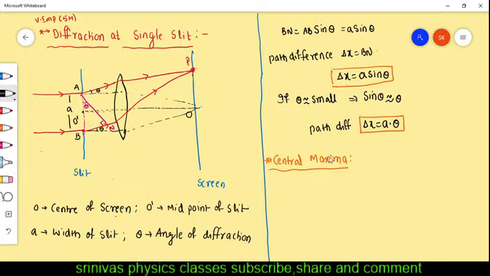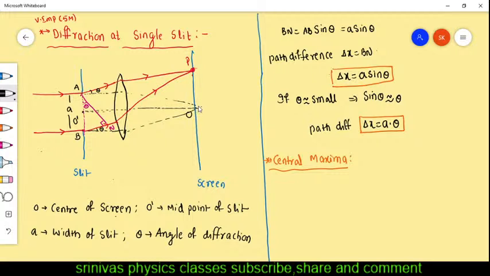You see here, the ray coming straight meets here, and this other ray also meets here. How much distance does this light ray travel? This light ray also travels the same distance. By seeing the figure you can see the distance traveled by both rays is the same, to reach the screen.